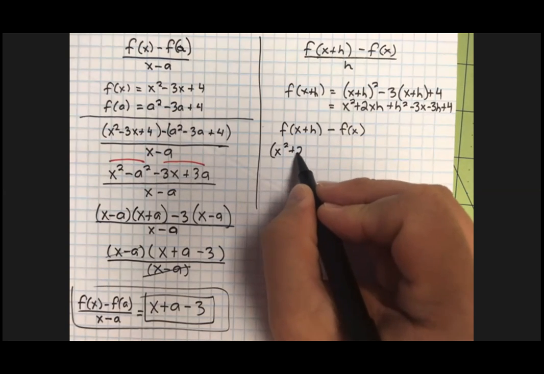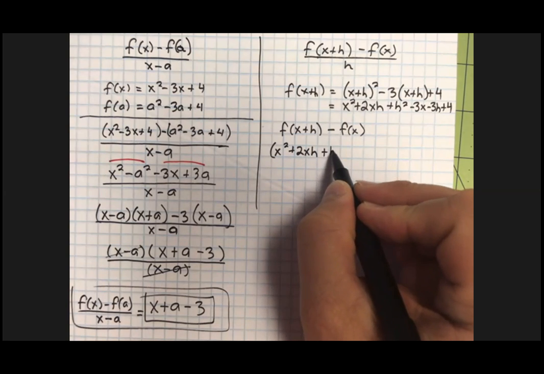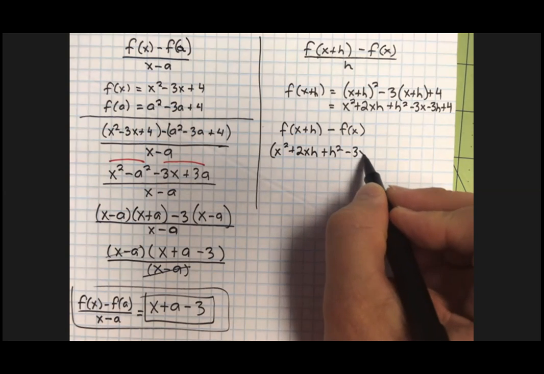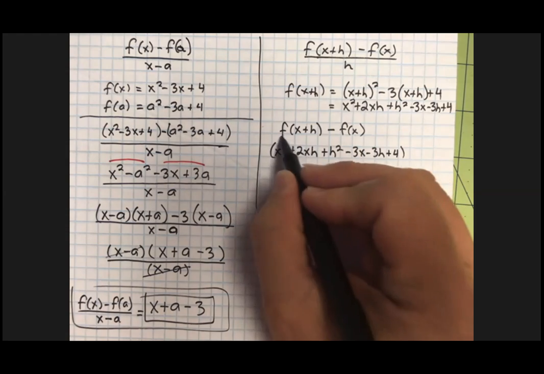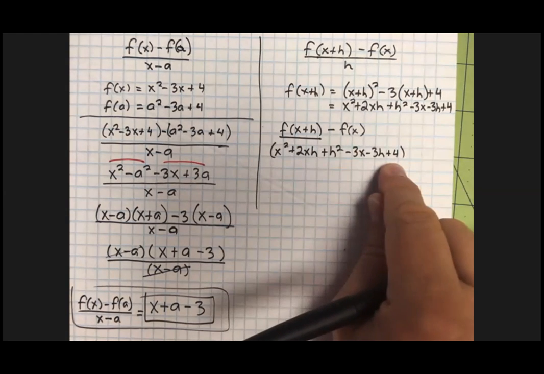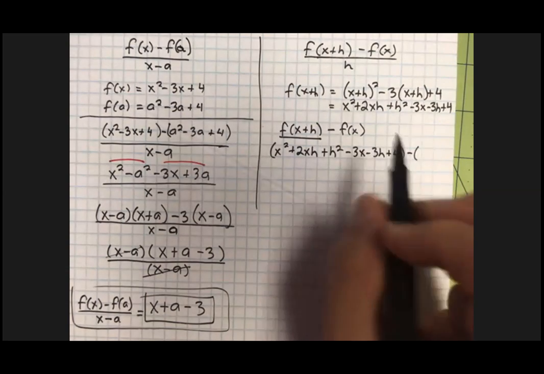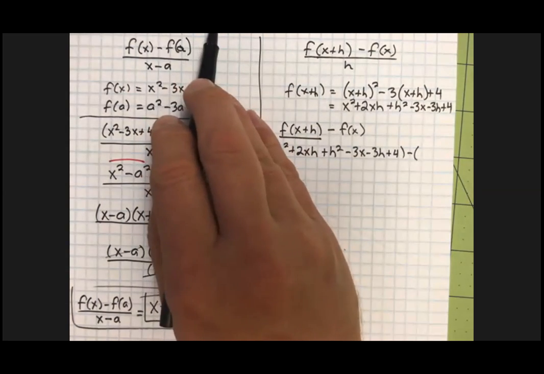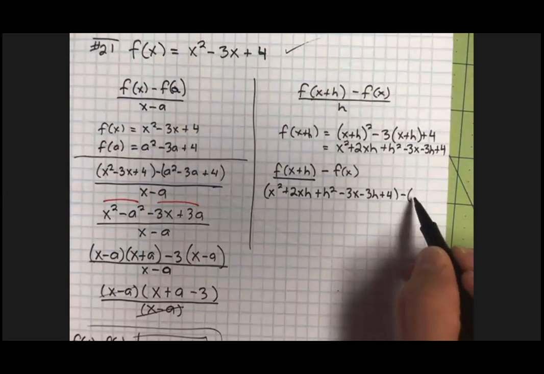X squared plus 2xh plus h squared minus 3x minus 3h plus 4. That's just the f of x plus h. Now let's subtract f of x. Subtract x squared minus 3x plus 4.